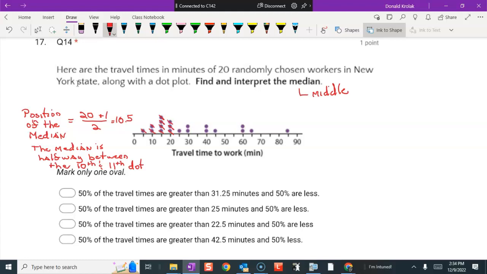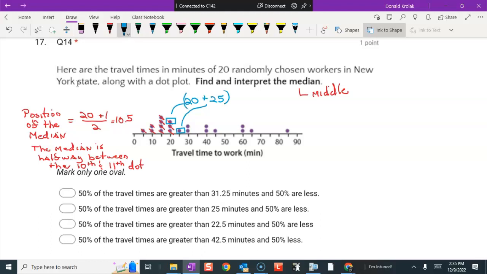Okay, so it's going to be halfway between this dot, that's the 10th dot, and this dot, which is the 11th. All right, so the 10th dot has a value of 20, and this 11th dot has a value of 25.